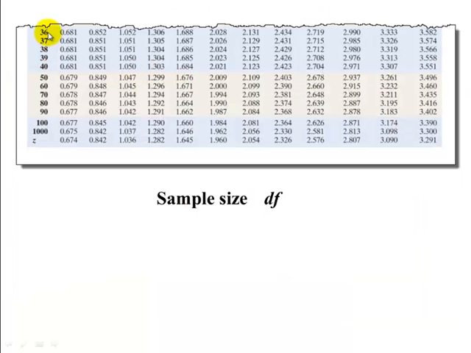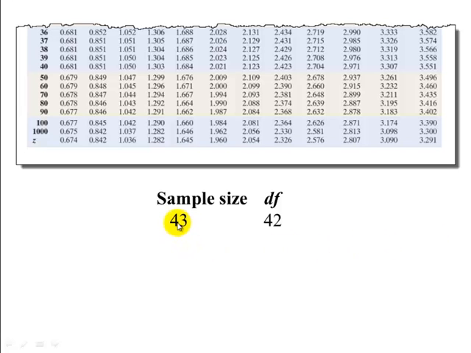Now, if we look at the bottom of the table, we can see that we have degrees of freedom from 1 to 40. Then after 40, it goes 50, 60, 70, 80, 90, then 100, and then 1,000. And then we see at the bottom that the t after 1,000 becomes identical to the z.